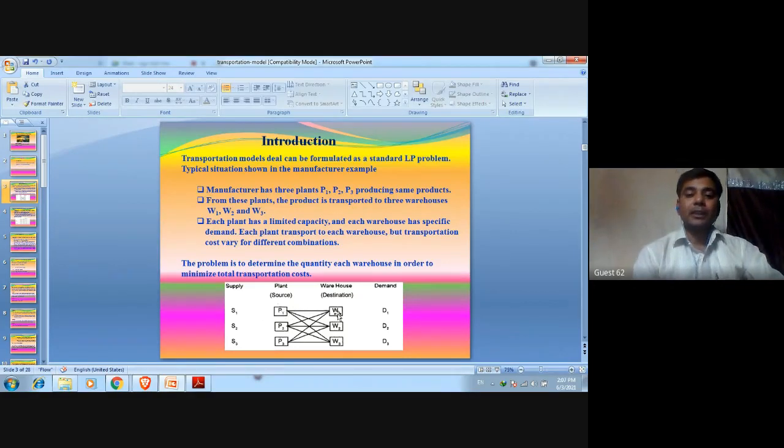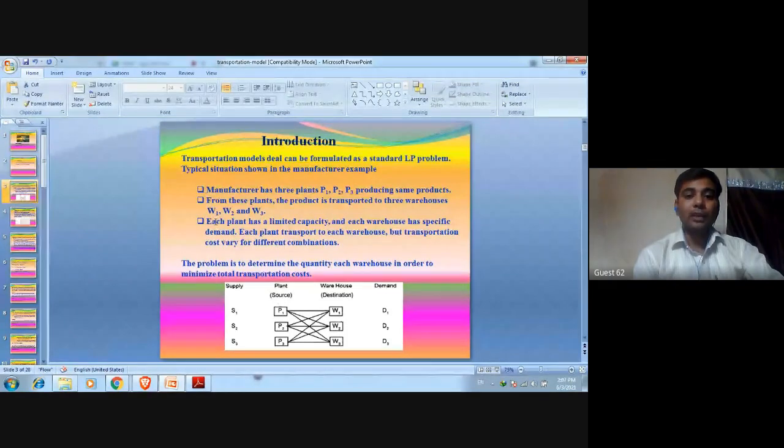It means W1 has the requirement of 20 units, either 30 units or 40 units or 10 units. Similarly, the W2 warehouse should have the requirement of 10, 20 or 30. It means the requirement of the warehouse is different from the capacity of the plant.